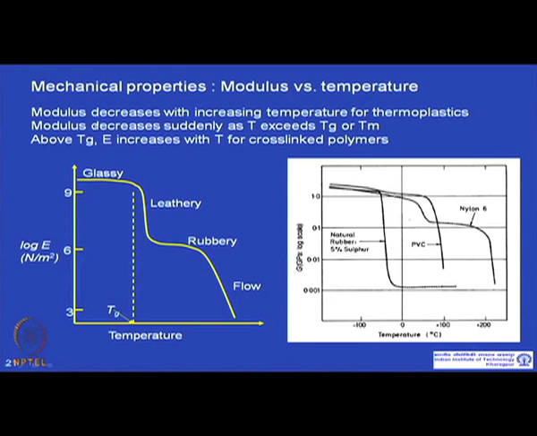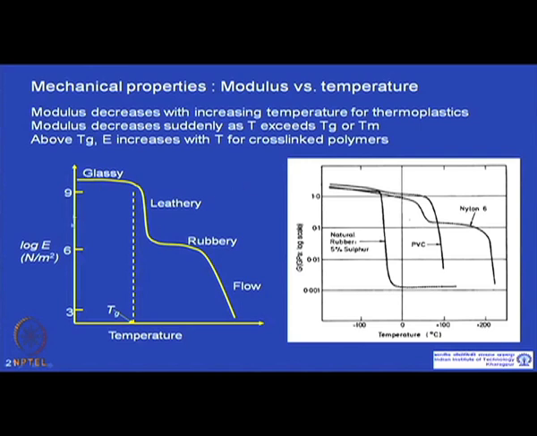Generally, modulus decreases with increasing temperature for thermoplastics, and at Tg and Tm the modulus decreases suddenly as T exceeds Tg and Tm. With increasing crystallinity in semi-crystalline polymers the modulus goes up, and also for cross-linked polymers, with increasing degree of cross-linking the modulus goes up.